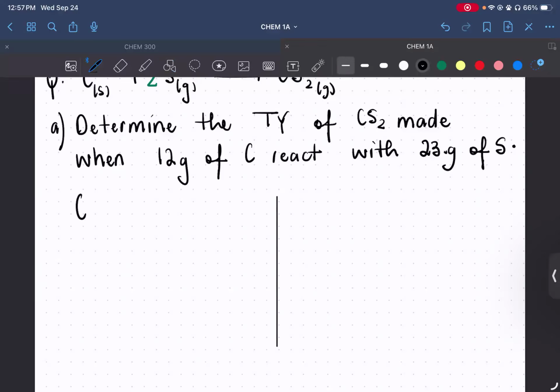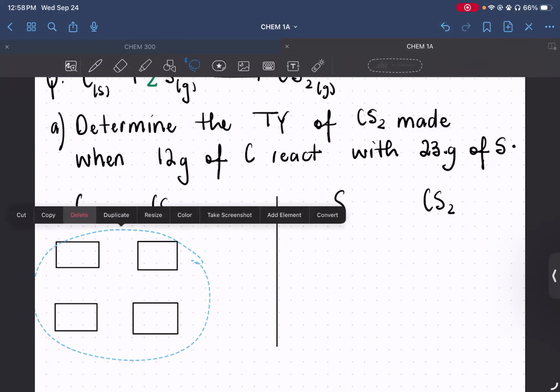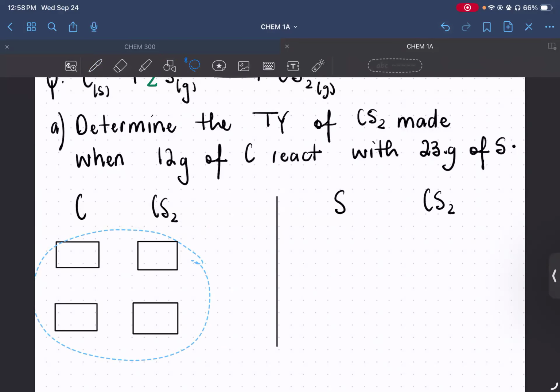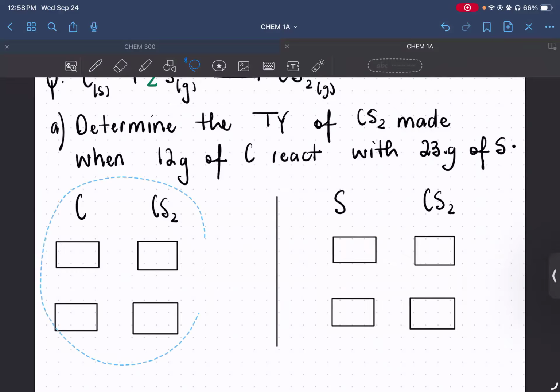Over here, we'll compare carbon and carbon disulfide. On this side, we'll compare sulfur and carbon disulfide. We know what the roadmap roughly looks like. We know what the boxes are. Don't forget it's up there on the board. And remember, ultimately, these roadmaps are your scratch work.